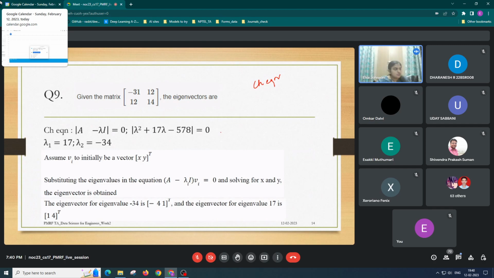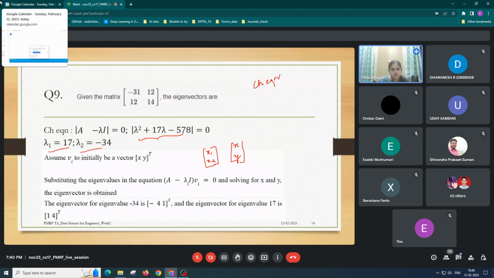I think the operations are clear to you. The equation will be lambda square plus 17 lambda minus 78 equal to 0. Then if you solve this equation, you will get the first eigenvalue as 17 and the second eigenvalue as minus 34. Then you can take an eigenvector, assume it to be x y.